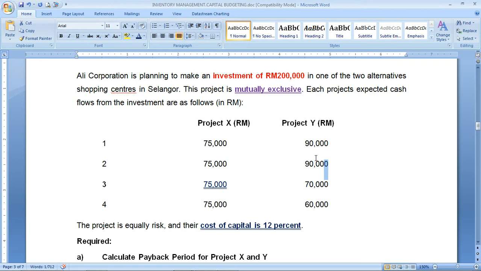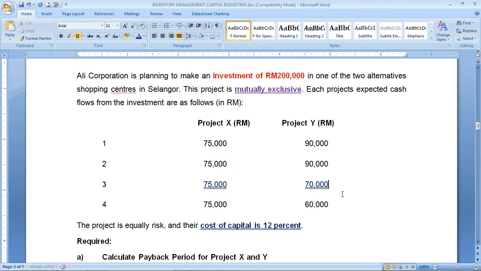No. N is the year that can cover your IO. Year 1 plus year 2 is 180. 180 plus 70 is 250, more than your IO. So for project Y also, you choose year 3.